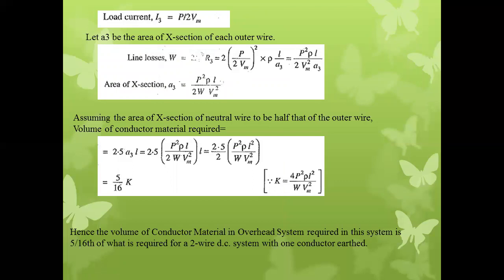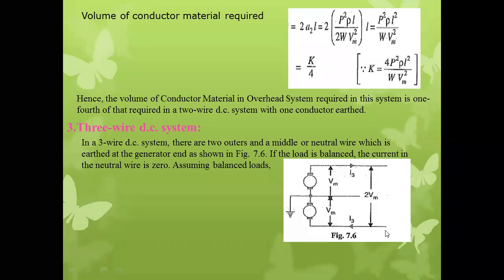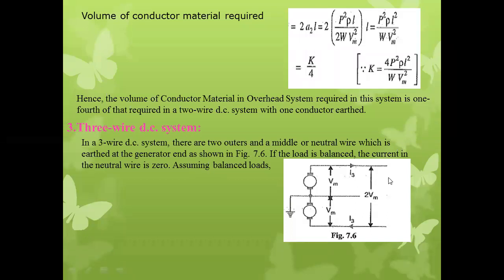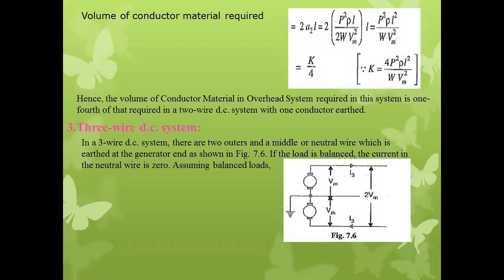To find the load current, we have to find the total voltage, or the potential difference, between these two points. The potential difference across the load terminal is 2 into Vm. Vm is the maximum voltage across the load terminal, so the maximum DC voltage across the load terminal is 2 Vm.